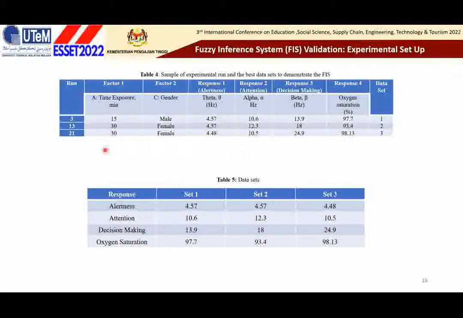This is the summary of the experiment. For set 1, the alertness is 4.57, the attention is 10.6, decision making is 13.9, and the oxygen saturation is 97.7%. I will enter all these values into the system that I developed, and then I will get the DFSI degree.